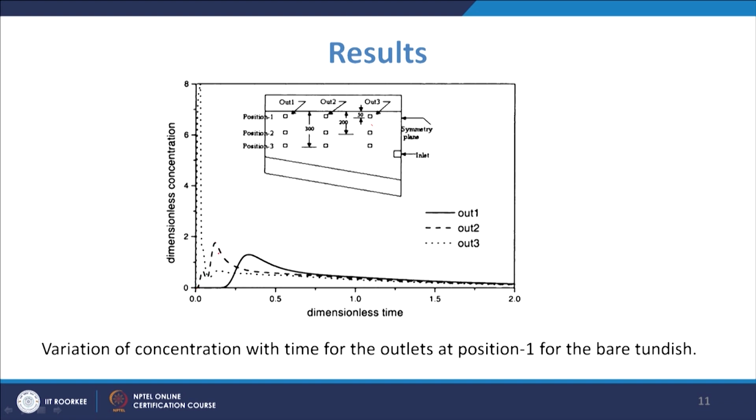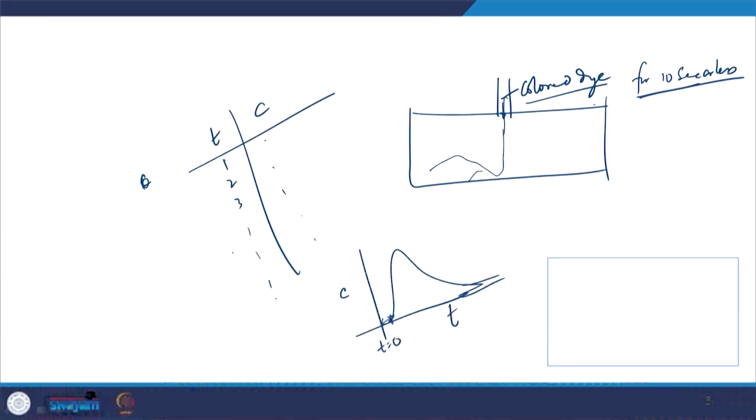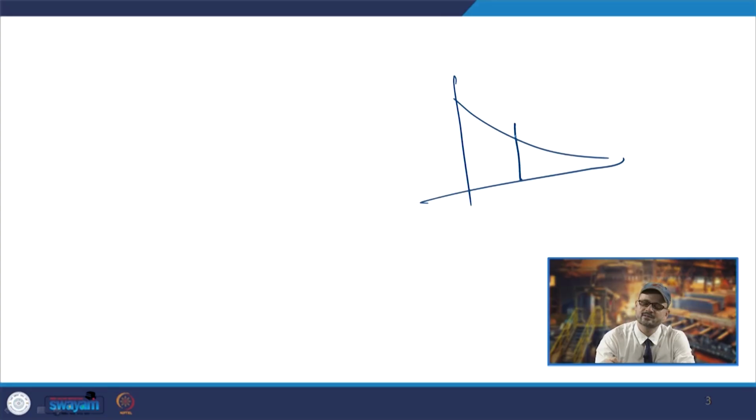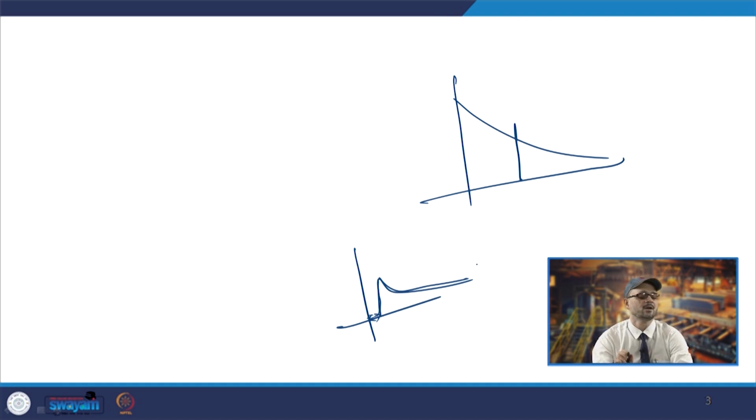You might recall that a pure mixed flow will be like this, and the plug will be like this. So, basically this is the plug component, and from here you go to the mixed component.